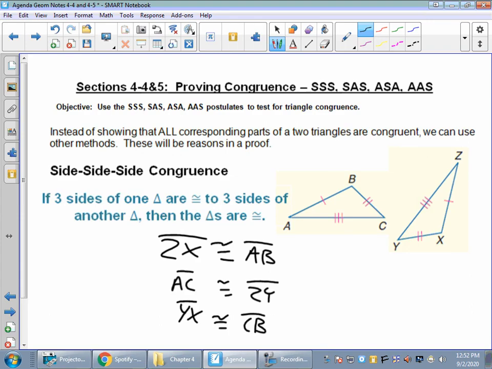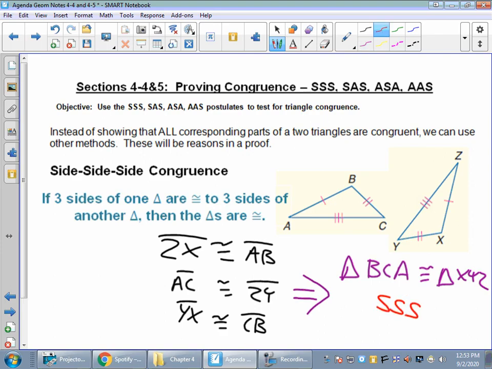Okay. And so since we've been able to show that all of those sides are congruent, then we could say that triangle BCA is congruent to triangle XYZ. Our reason in a proof would be side, side, side.